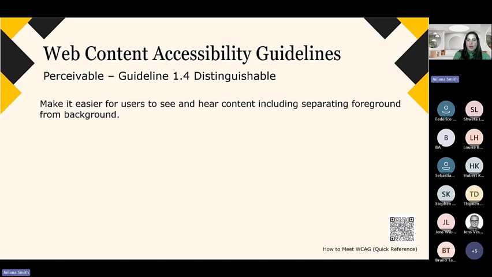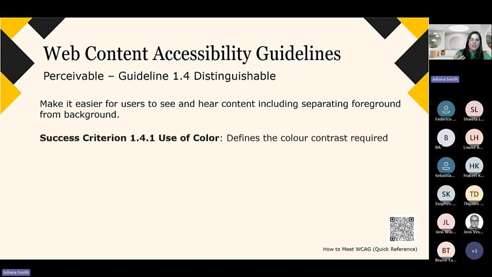So in terms of the use of color, the principle perceivable has a guideline about making content distinguishable. And distinguishable means making it easier for users to see and hear content, including separating foreground from background. And then we have the success criteria on the use of color that defines the color contrast required for the different levels of compliance.